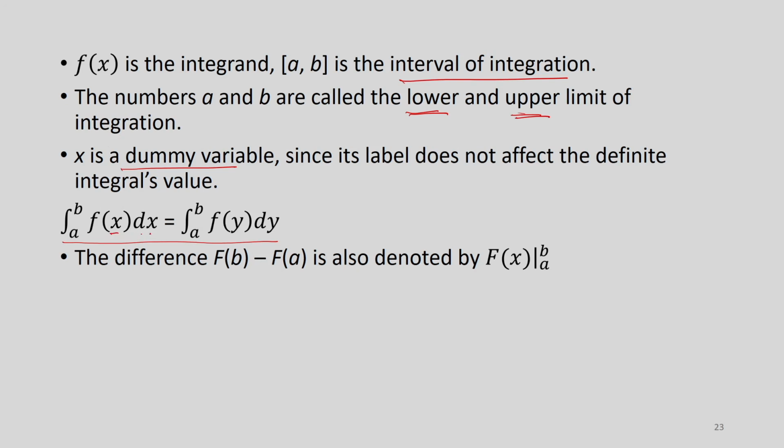As you can see, on the left hand side I have used the variable x, on the right hand side everything remains the same, only the variable has been changed from x to y, and the claim is that left hand side is equal to the right hand side. The reason being, x is a dummy variable, it does not really matter what variable I take, the value of the definite integral remains the same.